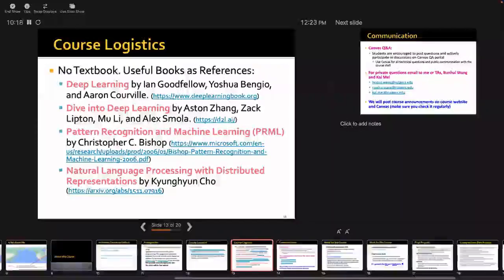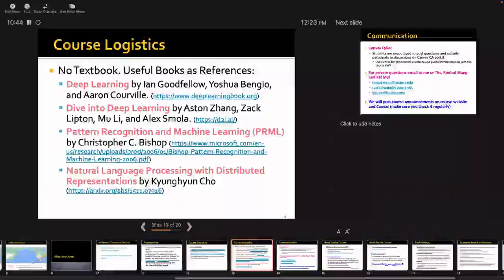And there will be no textbooks. There will be no standard textbooks. But there will be some useful books for you to refer to. Of course, the first one will be the Deep Learning book by Ian Goodfellow, Yoshua Bengio, and Aaron Courville. So this is basically probably the earliest book that talks about modern deep learning. Okay.